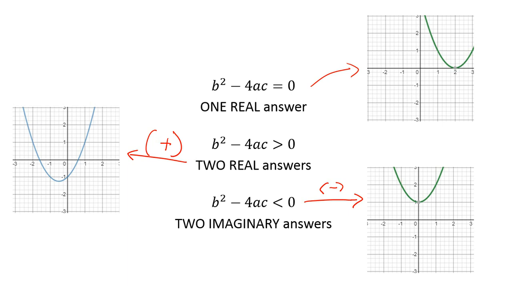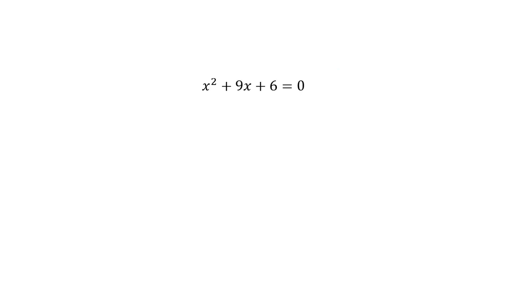Let's say we have this function and we want to find out how many solutions there are. We're just going to plug it into b squared minus 4ac and see what we get. 9 squared is 81, minus 4 times 1 times 6, which is 24.